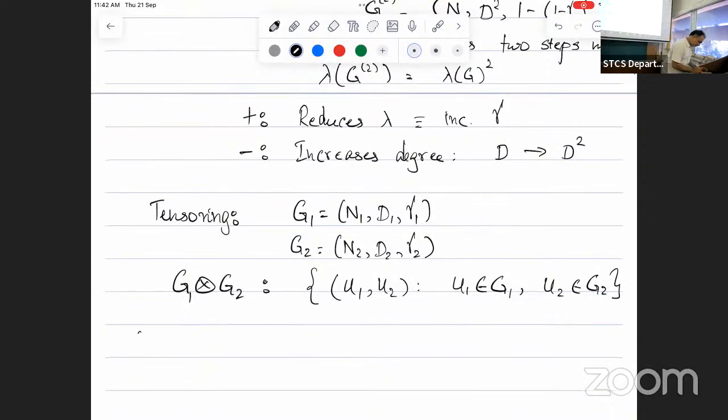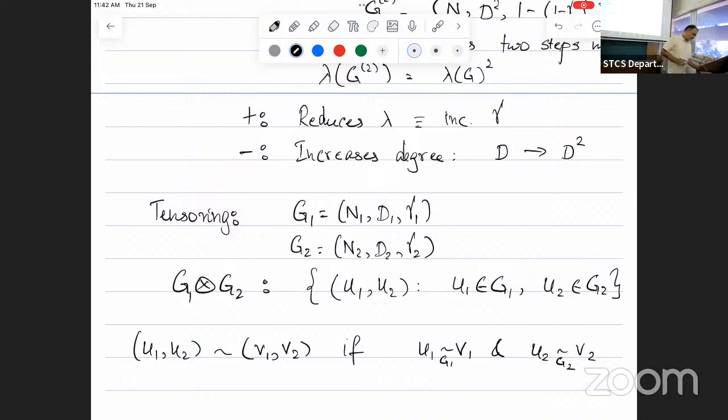You connect the pair (u1, u2) with (v1, v2) if u1 is connected to v1 in the graph G1 and u2 is connected to v2 in the graph G2. Technically speaking, the (i1, i2)th neighbor of (u1, u2) is the i1th neighbor of u1 and the i2th neighbor of u2, thought of as the pair.